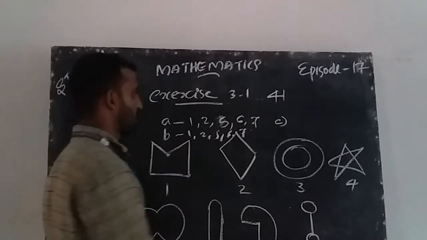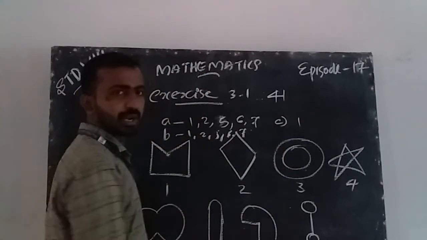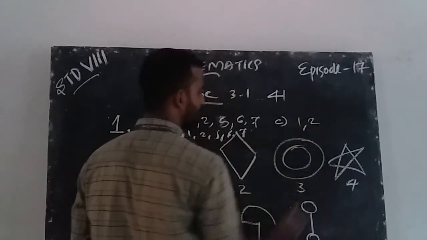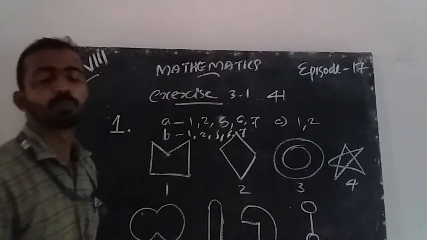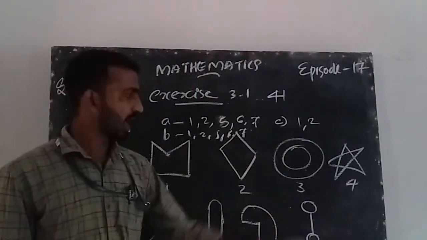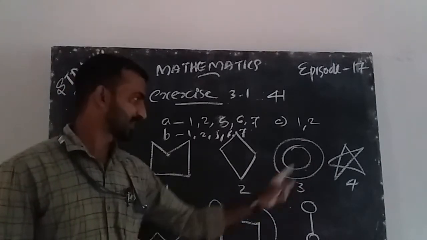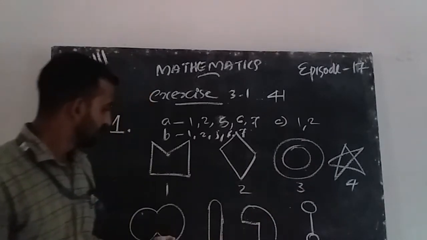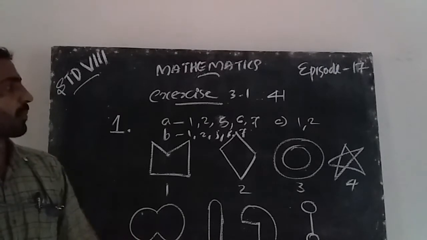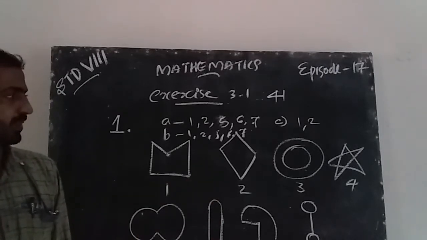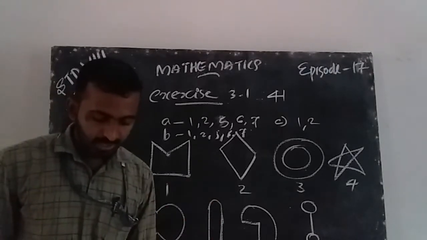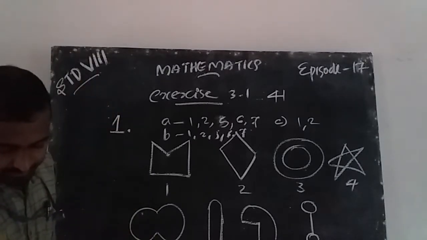Yes. So 1. Is it a polygon? Yes. 2. Is this a polygon? No. And this? Yes. No. Not a polygon. These are not polygons. So the polygons are 1, 2. And the next one is D part, convex polygon.